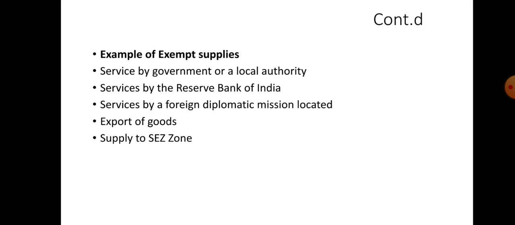So these transactions or this type of supply or supply of service is treated as an exempted service or exempted supply, and it is not taxable when you compute the taxable turnover.